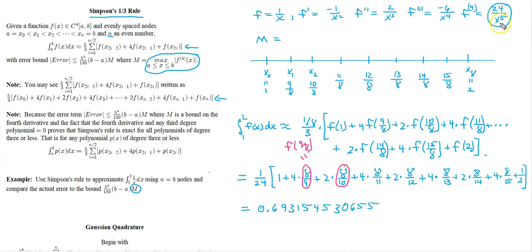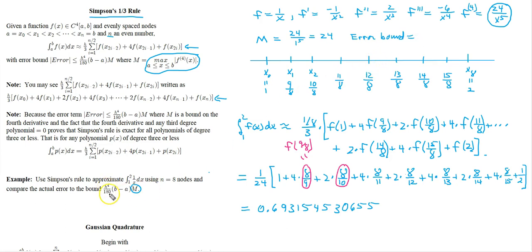So the denominator will be smallest when x is equal to 1. So our m is going to be 24 over 1 to the fifth in this case, and so of course that's just 24. So that's what we're going to use for our m.